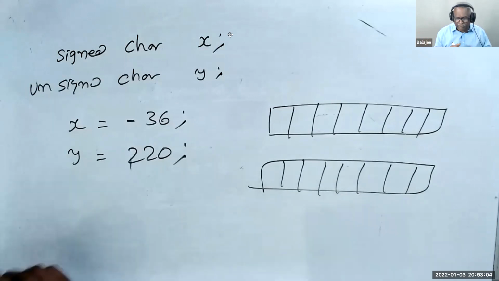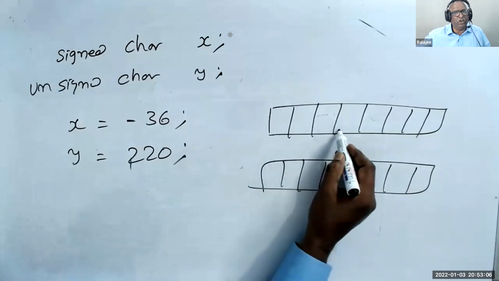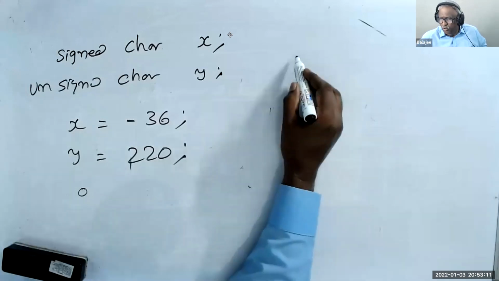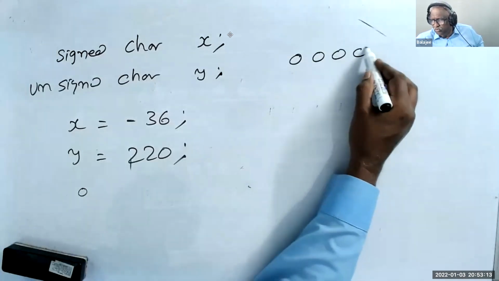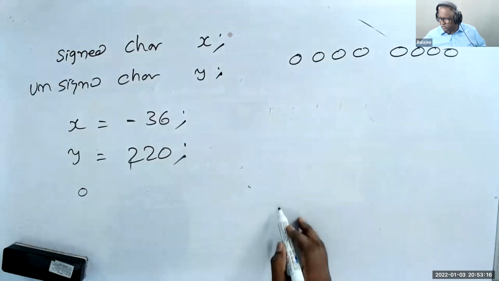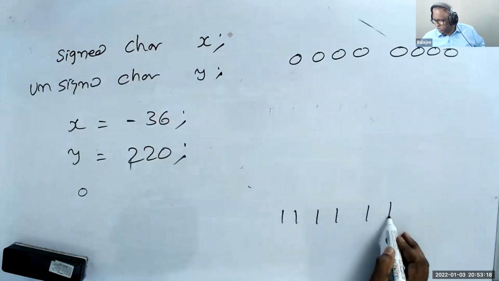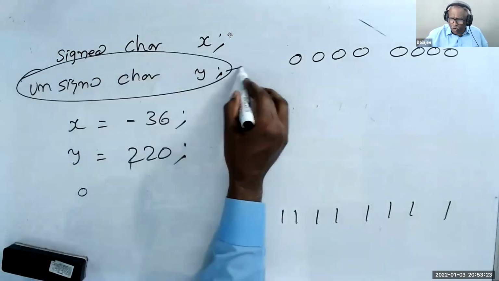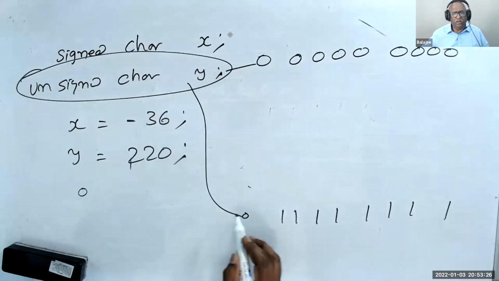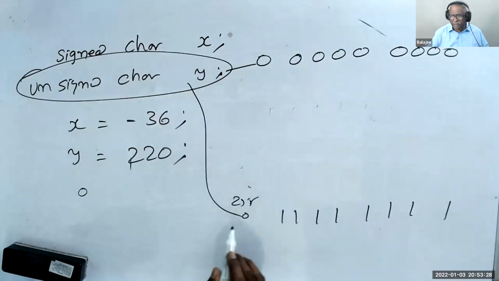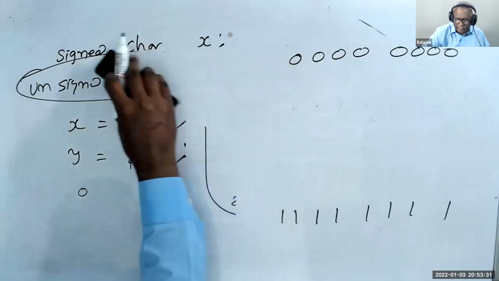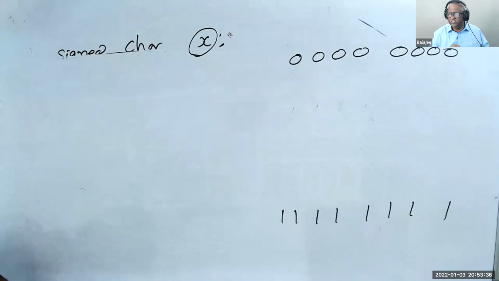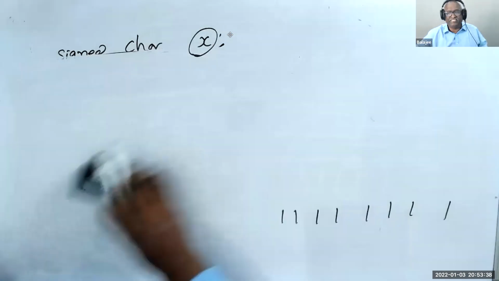So what I'm trying to explain is that since you have an 8-bit, you can store from 0000 0000 to 1111 1111. If you declare this as unsigned, then it's 0 and this is 255. But if you declare it as signed, the same 8-bit X, what is happening is this. The trick is like this.